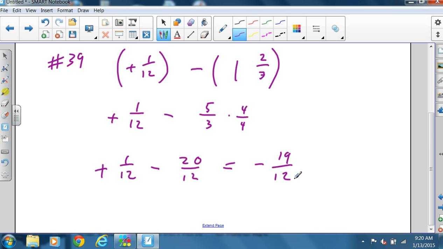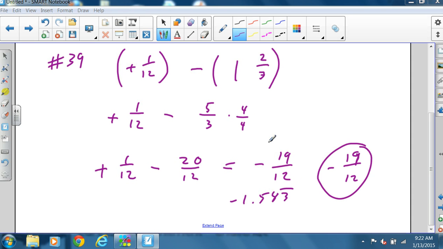Anyway, so what is it doing? All right, so I'm going to delete the whole thing. Minus, parentheses, 1 plus 2 divided by 3, close parentheses. 1 divided by 12 minus parentheses 1 plus 2 thirds, close parentheses, 1. And it still gave me the decimal. So I had to go back and change the decimal to a fraction.